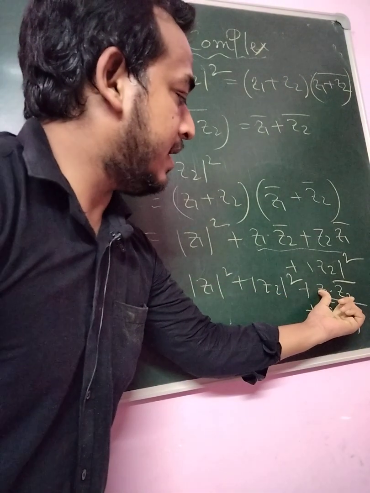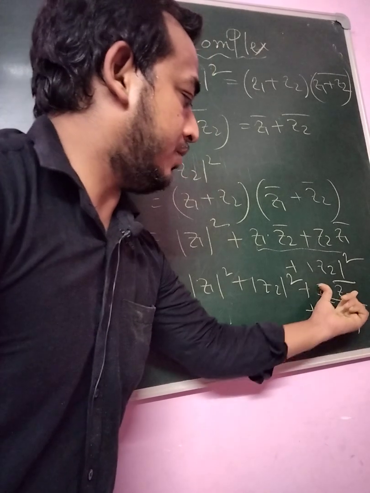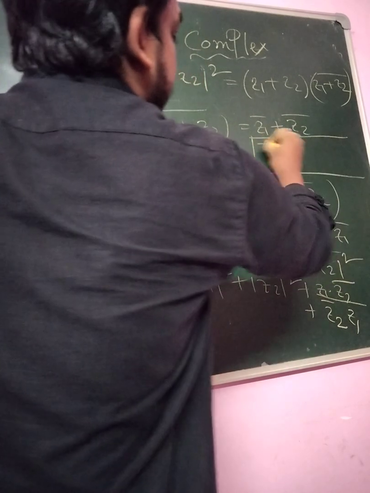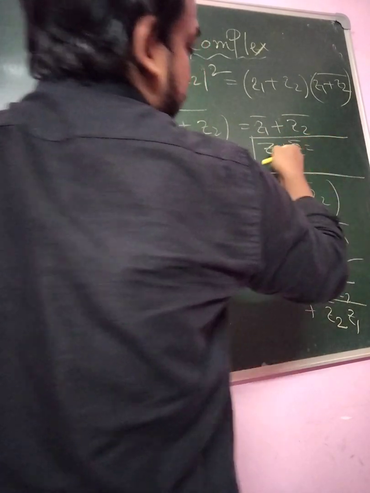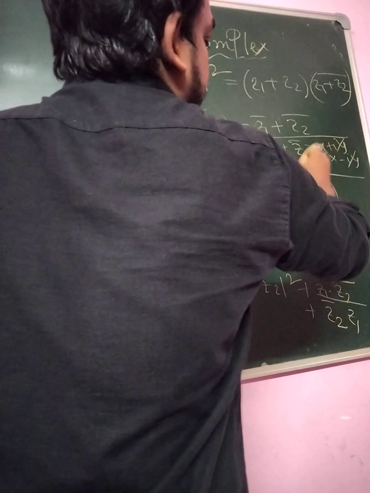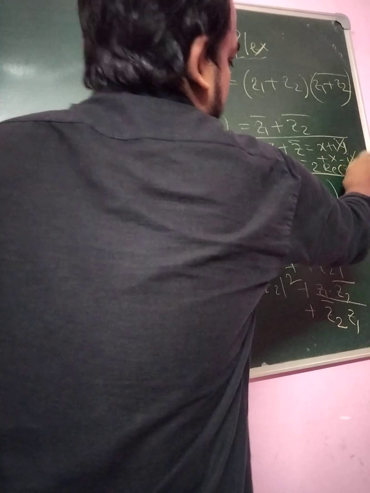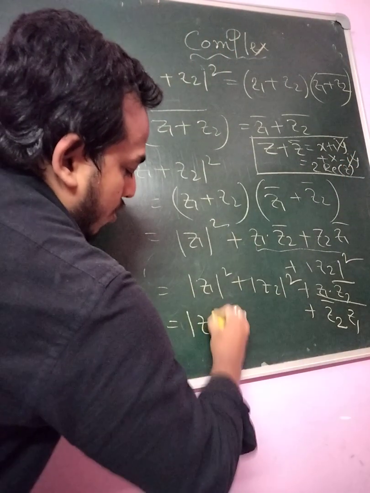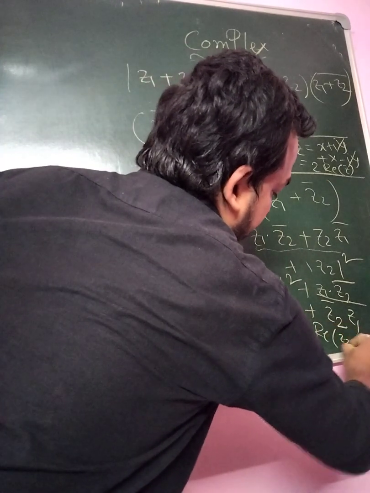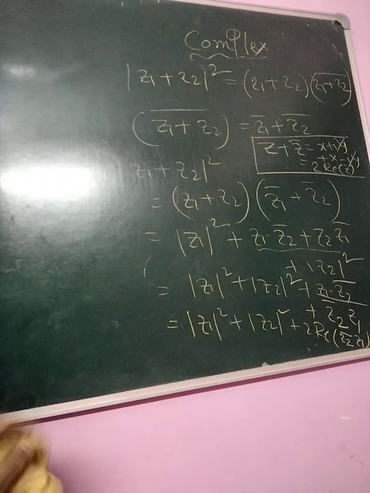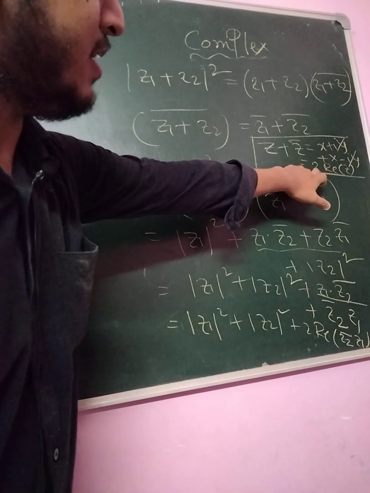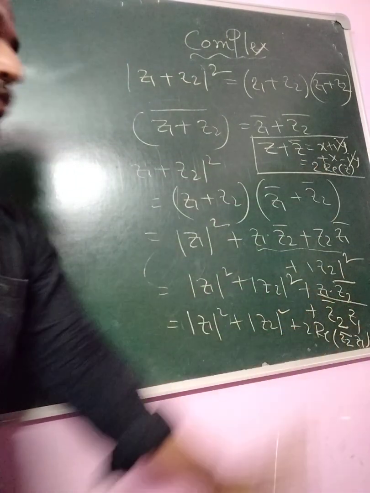Basically if you assume that this is z and this is z bar, then z plus z bar, where z is x plus iota y and z bar is x minus iota y, the imaginary parts cancel out, giving 2x, that is 2 times the real part of z. So this becomes mod z1 square plus mod z2 square plus 2 times the real part of z2 bar into z1, where we use this result, 2 times the real part of z.